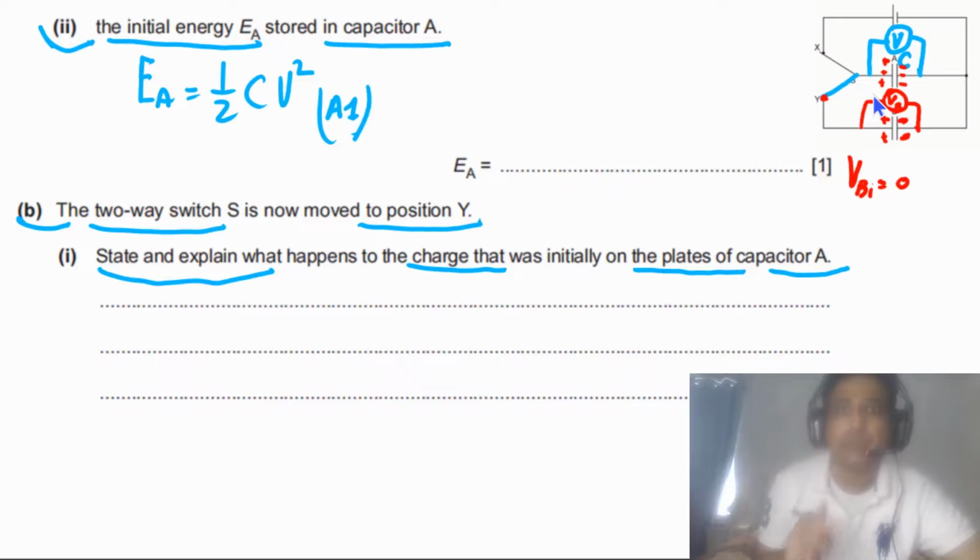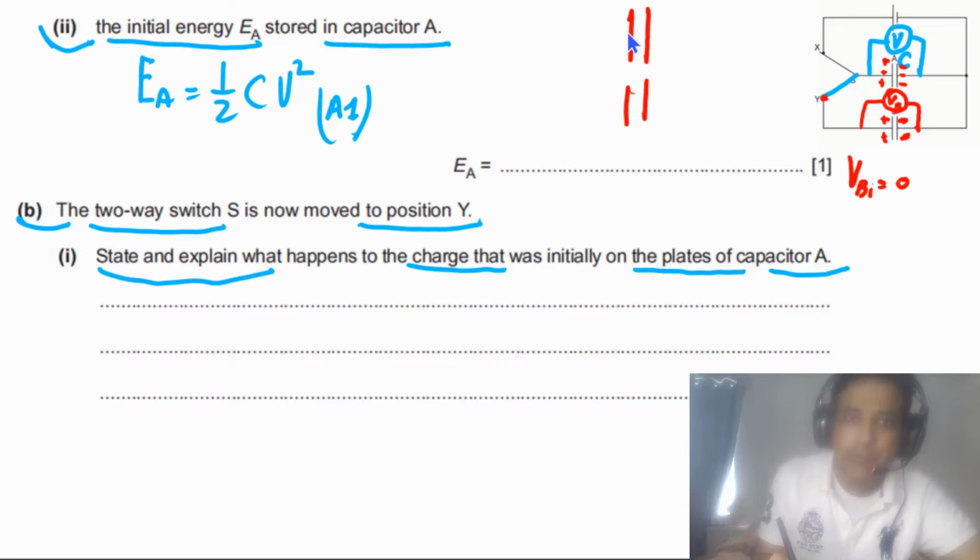And the second thing you need to understand: are these two capacitors connected in parallel or in series? Most of the students are confused about this part. If you look at these two capacitors, positive plate is connected with positive plate, so capacitors are in parallel.